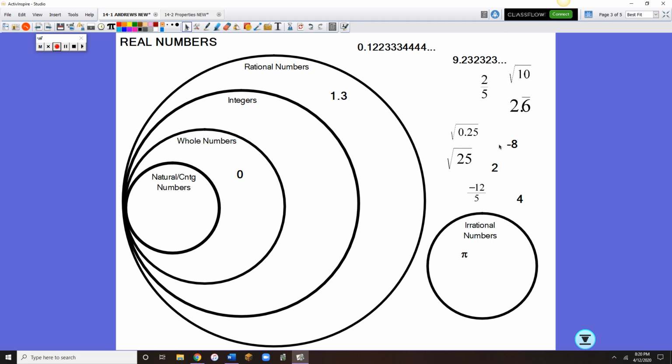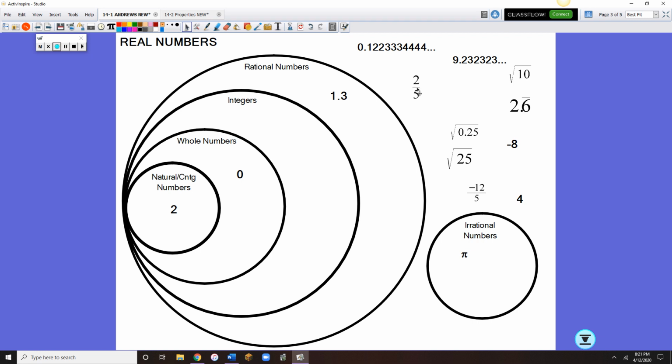Okay? 2. 2 is rational, and it can go in as an integer. All right? 2 is a whole number. Whole numbers are positive. It's also a natural counting number, so I can pull the 2 into the topmost category, natural counting numbers. Okay, the CNTG stands for counting numbers. Sometimes natural numbers are called counting numbers.